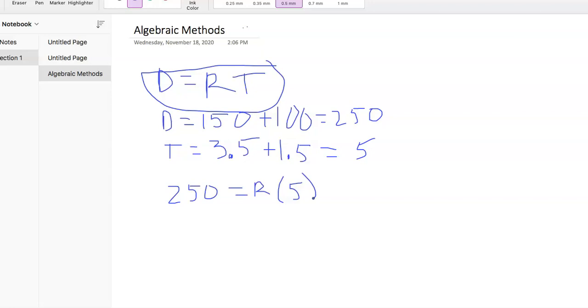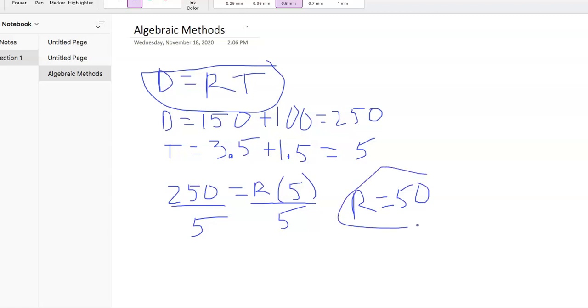Okay, now we got all we need to know. So then we just divide each side by 5 and get rate by itself. And 250 divided by 5 is just a plain old 50 miles an hour. Right there. That's all you got to do.